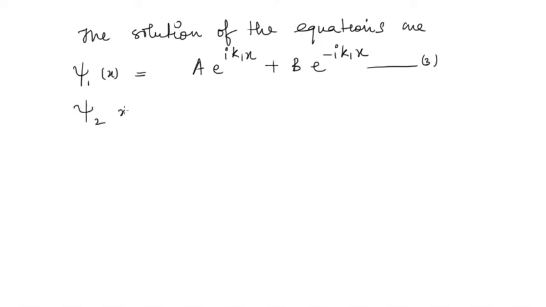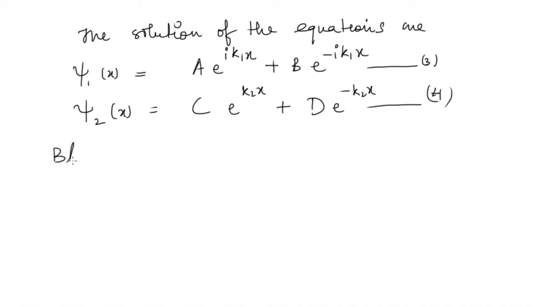Psi 2(x) is equal to C e to the power k2 x plus D e to the power minus k2 x. These are exponentially decaying solutions. Equation 4.